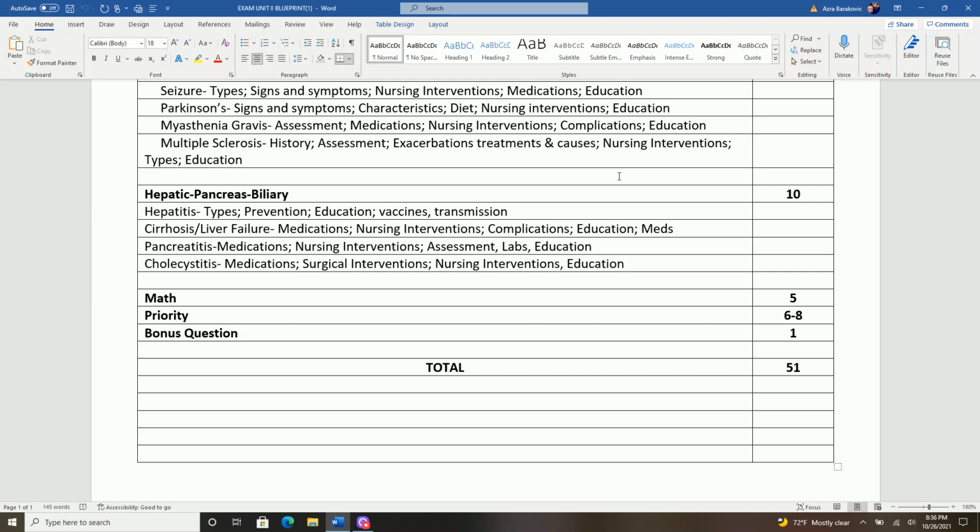Okay. For math, I promised one of you guys I would go over this. I'm not very good at math, so the way I do it, I've noticed, is not the way that you guys do it. So I'm not going to do examples because the way I do it may just confuse you. So what I am going to tell you is there's 5 math questions, okay? And they're simple math.